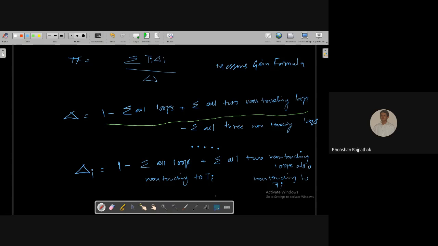Okay, and this can again continue, minus summation of all three non-touching loops also non-touching to Ti, and so on. But typically up to only this level is sufficient.